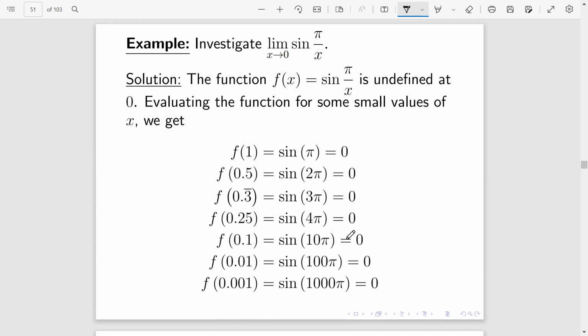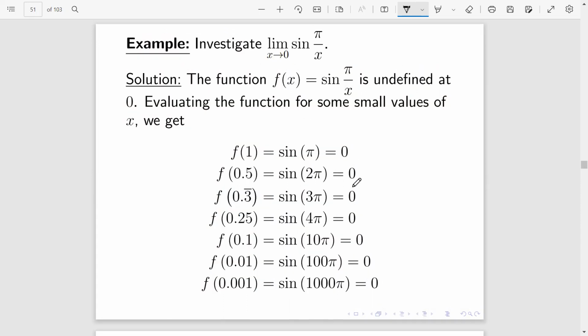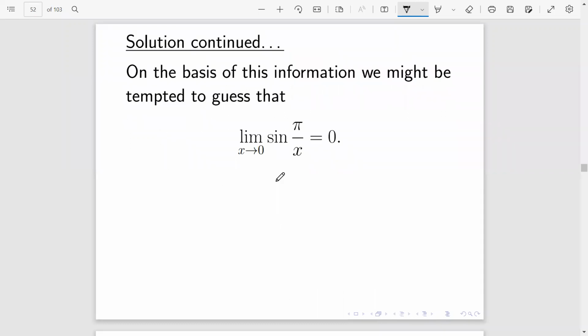But now, don't make a mistake and say that it means the limit will be 0. You will be tempted to guess that, because you're getting all these zeros, taking x from 1, approaching 0, decreasing x values, therefore the limit of sine pi over x as x approaches 0 is 0.